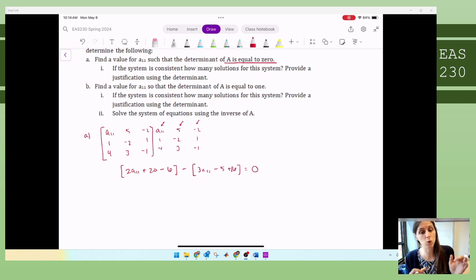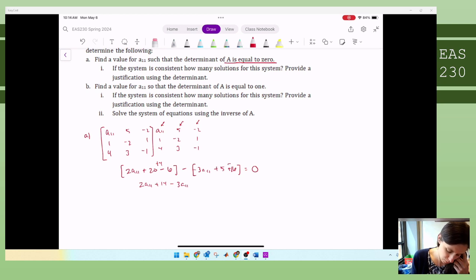If I want that to be equal to 0, that means 2A11 plus 14, minus 3A11, plus 14 minus 11 is negative 11, equals 0. So negative 1 A11 equals 14 minus 11, which is 3, negative 3. A11 equals 3.